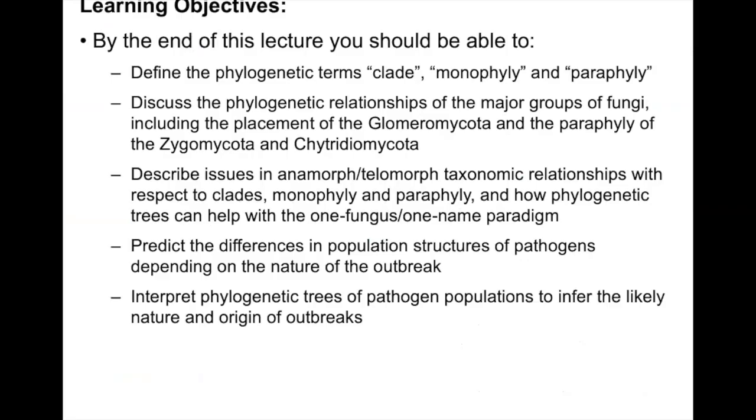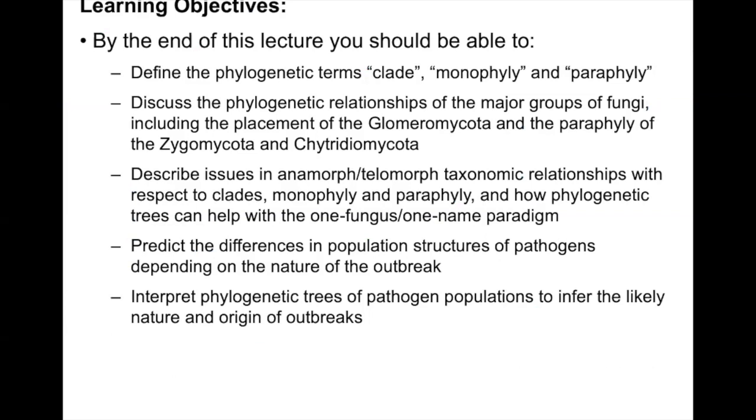And these are the learning objectives for this lecture. So this comprises all the mini lectures that cover this, not just this one. And so these are to define the phylogenetic terms clade, monophyly, and paraphyly, discuss the phylogenetic relationships of the major groups of fungi, including the placement of the Glomeromycota and the paraphyly of the Zygomycota and Chytridiomycota, describe issues in anamorph-telomorph taxonomic relationships with respect to clades, monophyly, and paraphyly, and how phylogenetic trees can help with the one fungus, one name paradigm.